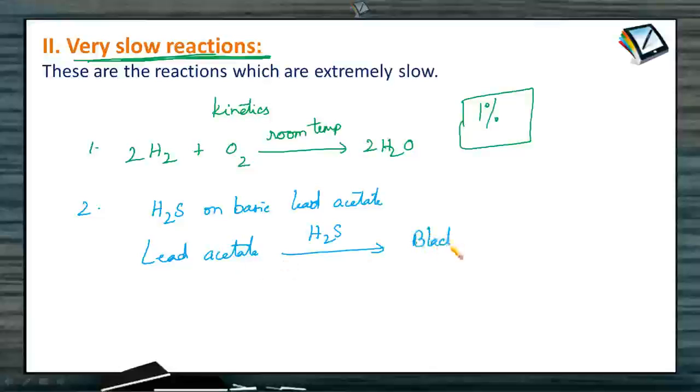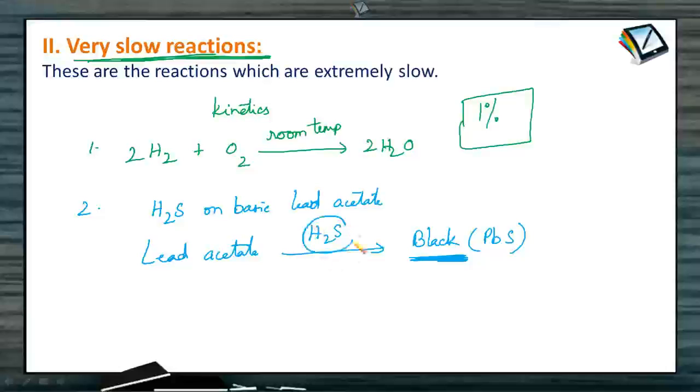That is due to the formation of lead sulfide. That is how we can see in day-to-day life that on the white lead oil paintings, we can see some black patches here and there. That is only because of the formation of lead sulfide, because of the presence of hydrogen sulfide in the atmosphere.